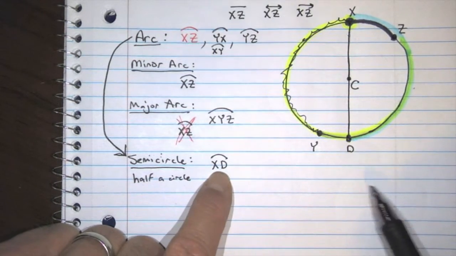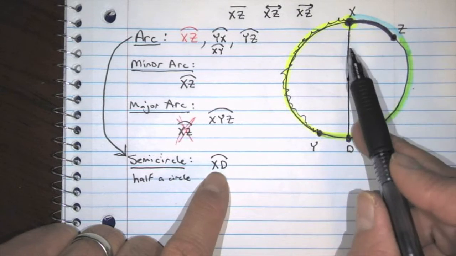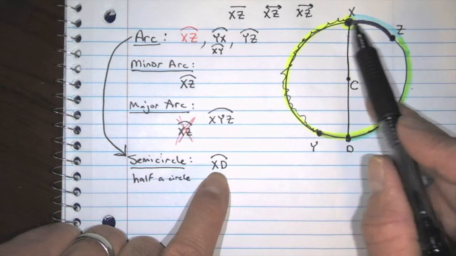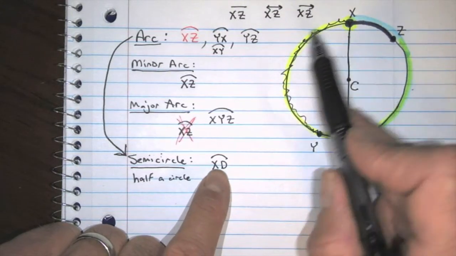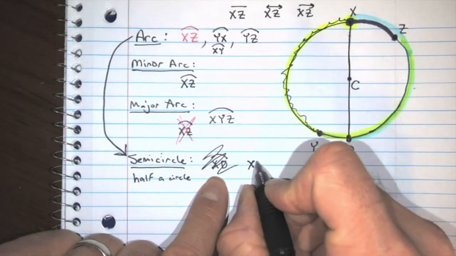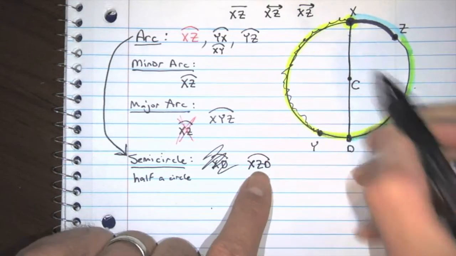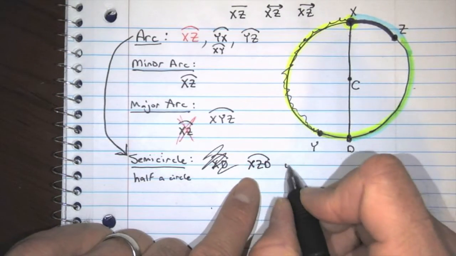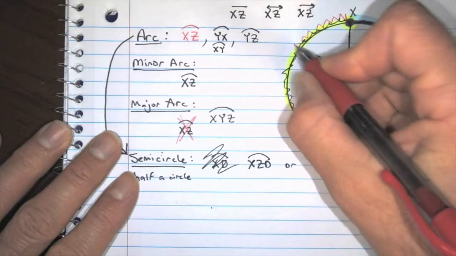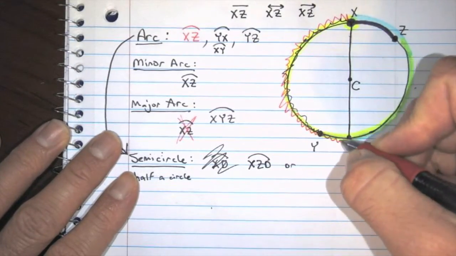I'm trying to fool you, folks. XD. Now this is kind of some ambiguity here. This is some confusion. Are we going X to D this way? Or are we going X to D this way? That's kind of sloppy. Let's call this XZD. That's a semicircle. Or, of course, you can go the other way. You can go X to Y to D.